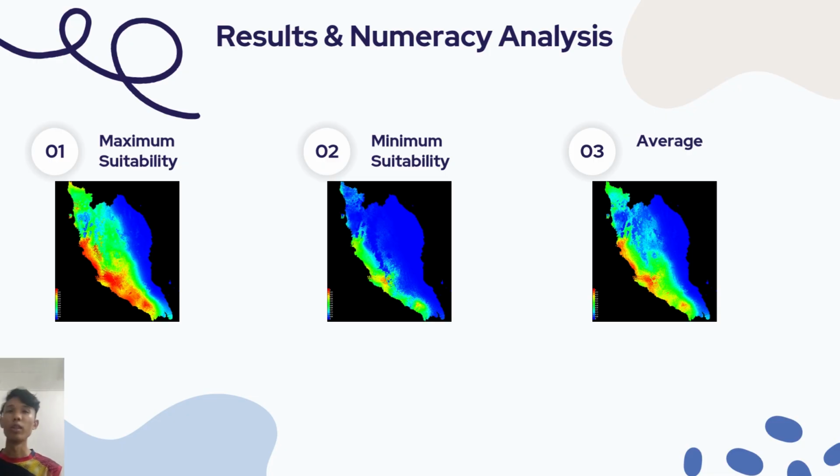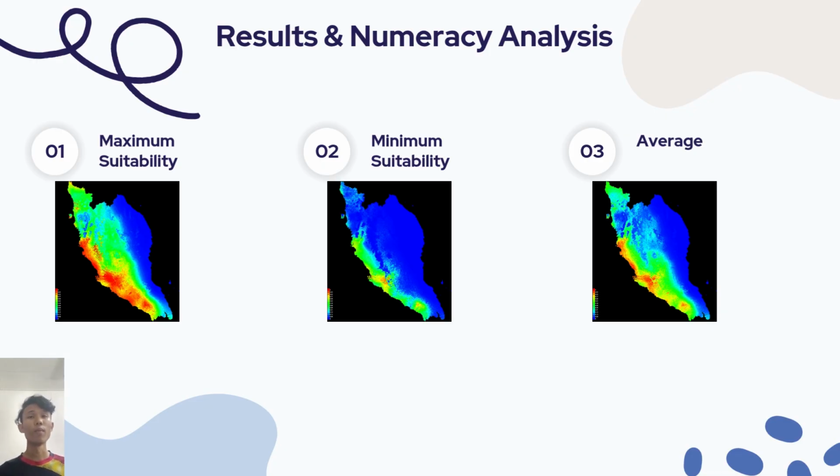These are the results that we get from running the Maxent software. The first one is the maximum suitability map. This map shows the highest suitability value at each location for the species, and the red zone indicates that the location is suitable for the species, while the darker shade of blue means it is not suitable for the species.